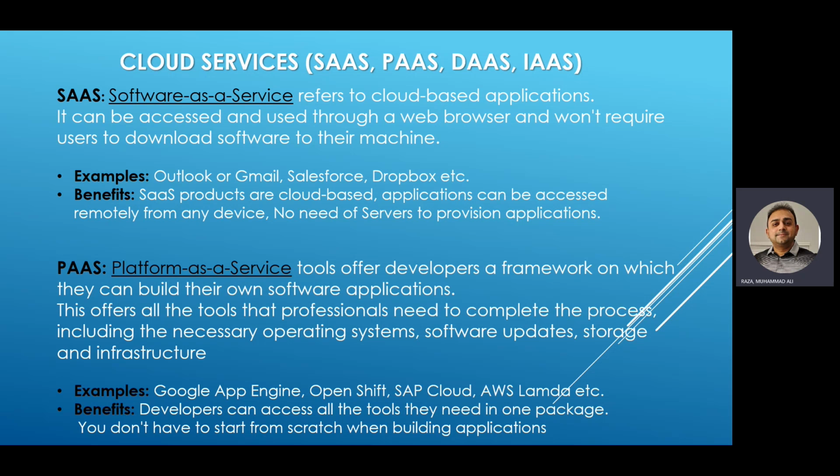All of these will be available for them to get the necessary development done. Examples are Google App Engine, OpenShift, SAP Cloud, and AWS Lambda. These are easily accessible for developers, and developers can benefit by using these tools to build up the new application environment.